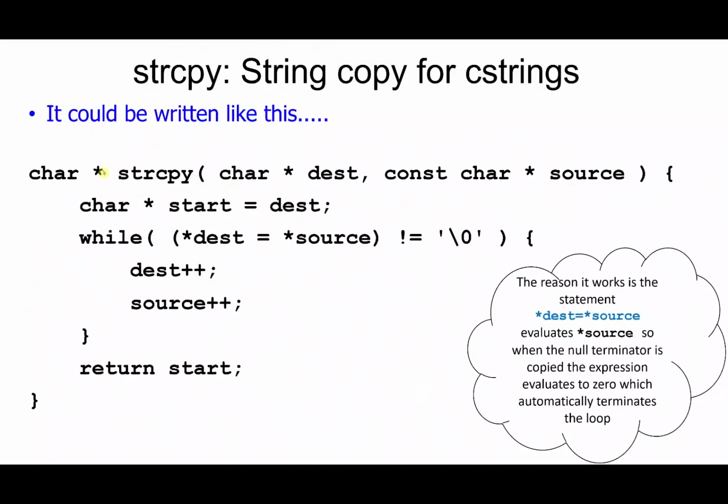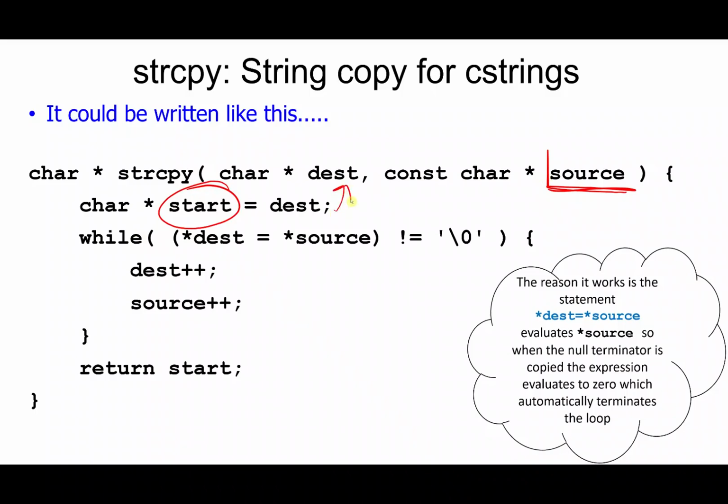So here is how the strcpy is implemented. Character asterisk strcpy takes two pointers, the destination and a constant source, because the source is not to be changed, right? So we want it to be constant. Then we're creating a pointer copy to the destination.